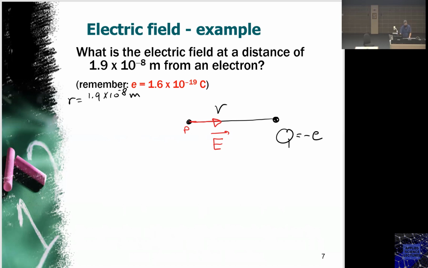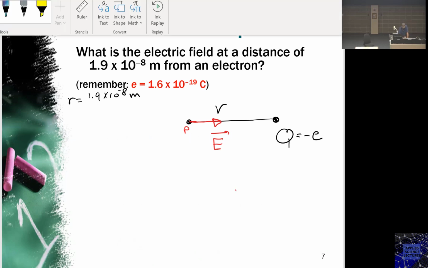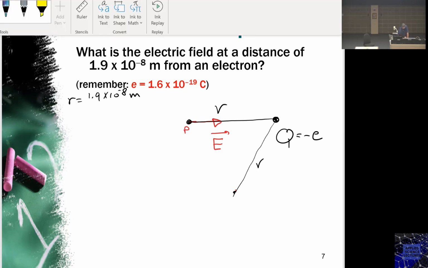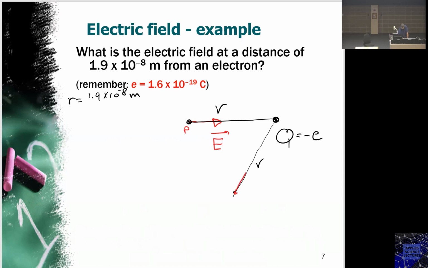So if you look at the distance here, just to give you an idea, if this distance here is R, then how are you expecting the electric field to be pointing from that point toward the Q?